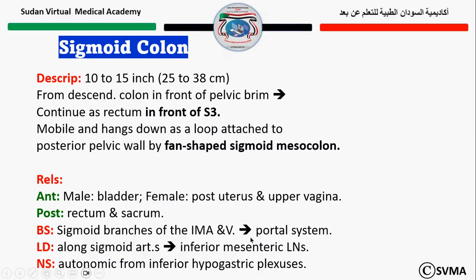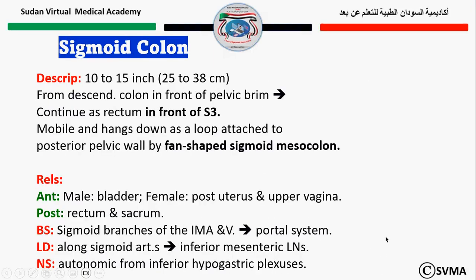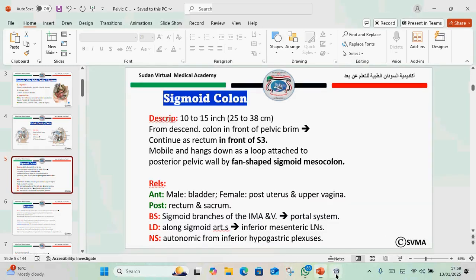Is that clear so far? Any question? Do you understand? I want somebody to tell me about the anterior relations of the sigmoid colon.